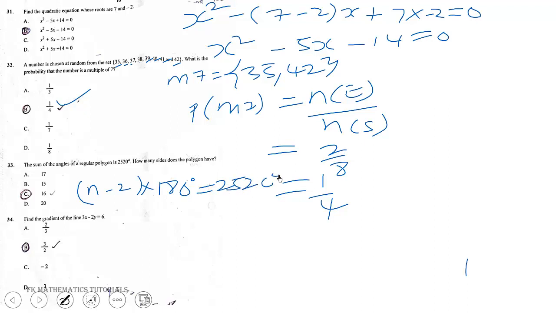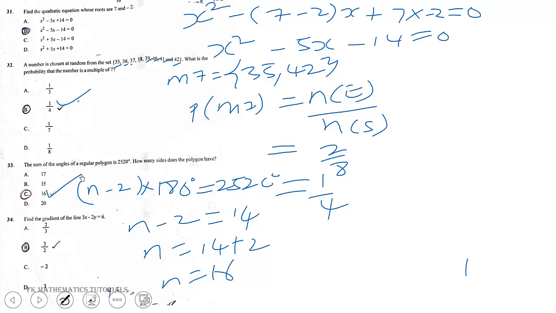So we need to divide both sides by 180. So 2520 divided by 180 will give us 14. So n minus 2 is equal to 14. Now n will be equal to 14 plus 2, which will be equal to 16. So the polygon has 16 sides.